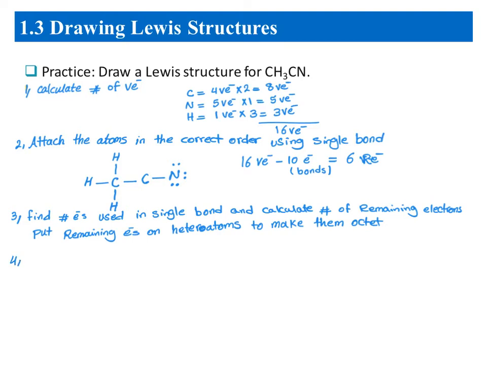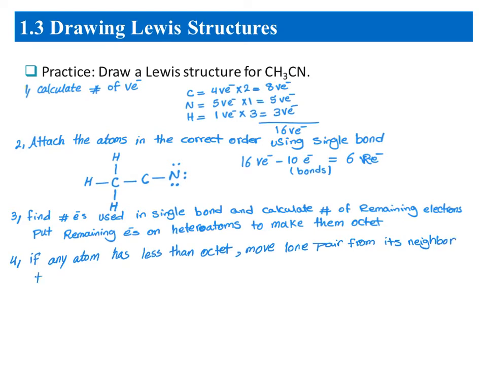Then what you need to do is, if any atom has less than octet, move lone pairs from its neighbor to make bonds, to make the other atoms octet as well.